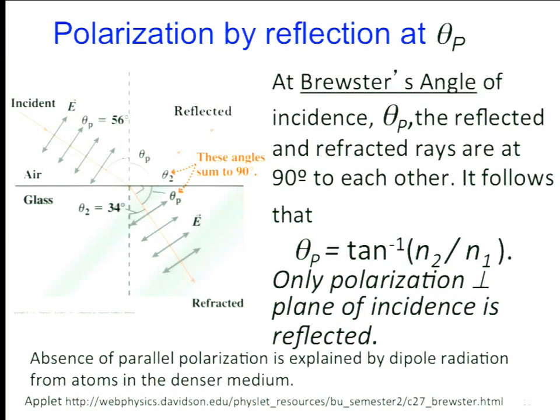But theta 2 is 90 degrees. Isn't that nice? Theta 2 is 90 degrees. So sine of theta 2 is 1. So I just put that into Snell's law. Sine theta 2 is 1. So I get N1 sine theta 1 equals N2.